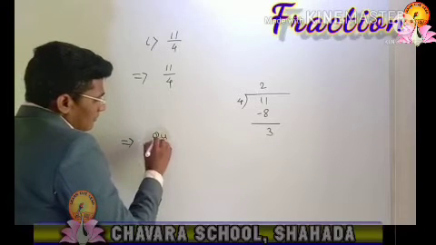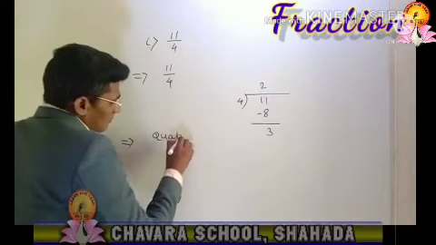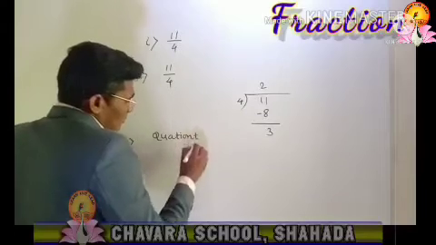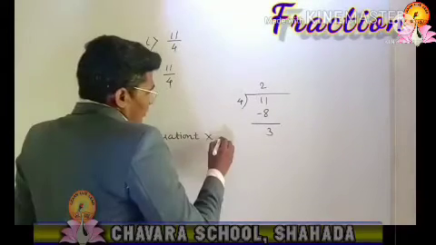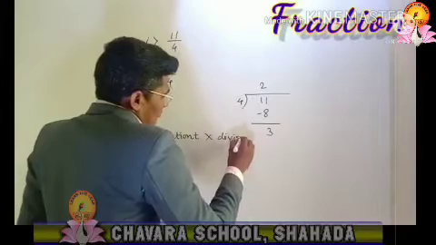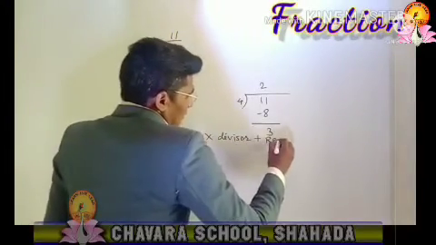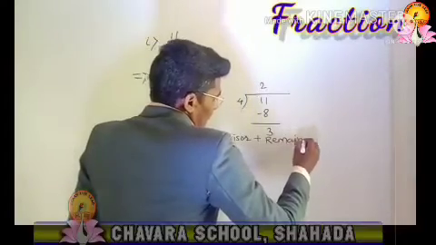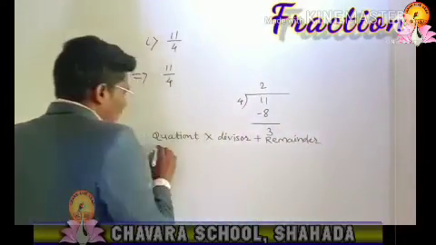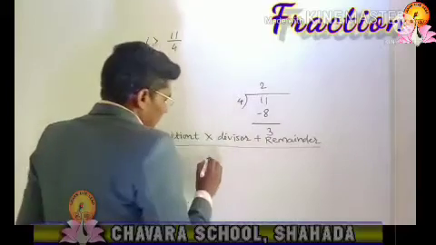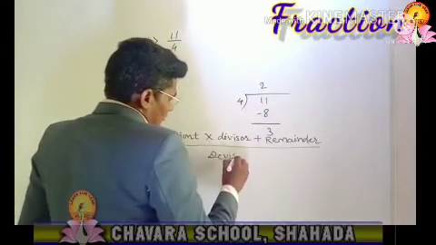Quotient multiply by divisor plus remainder upon divisor.